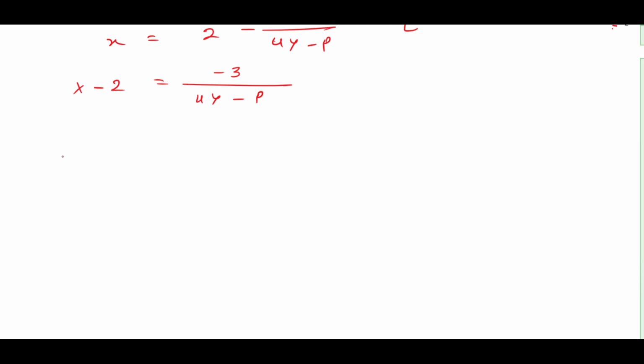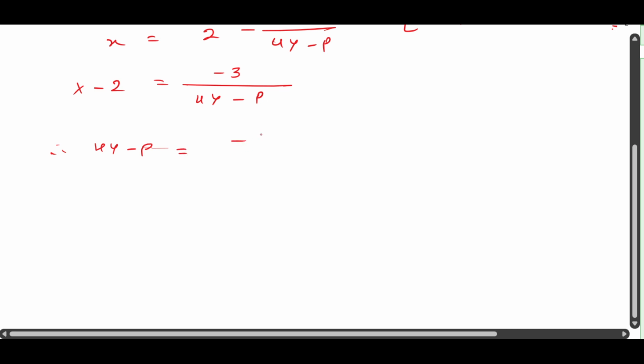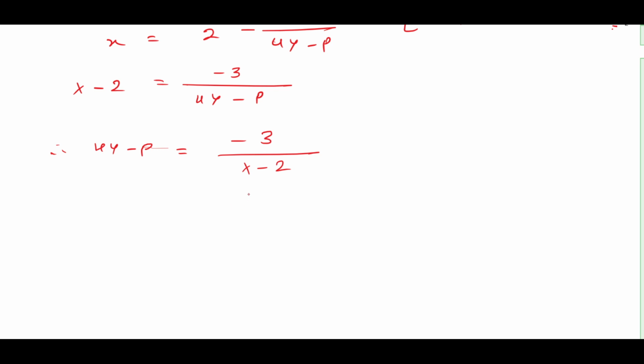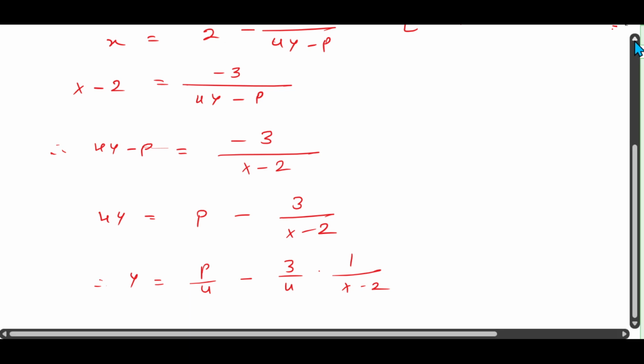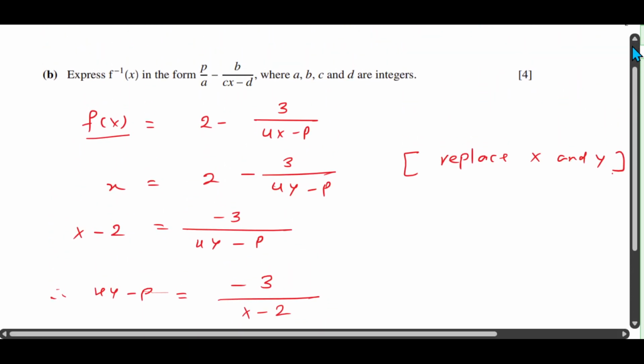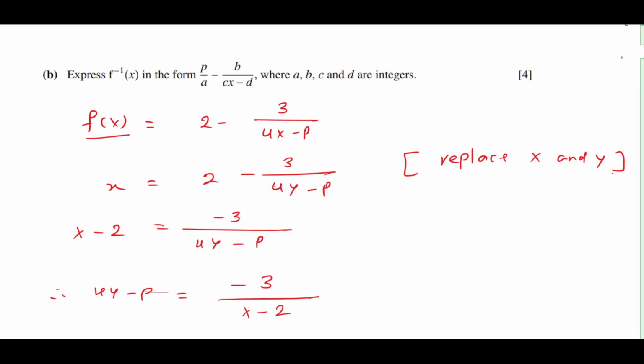Therefore 4y minus p is equal to minus 3 divided by x minus 2, and then 4y is equal to p minus 3 divided by x minus 2, and therefore y is equal to p divided by 4 minus 3 divided by 4 into 1 upon x minus 2. In what format do I have to express it? Let us see once again: p divided by a minus b divided by cx minus d.